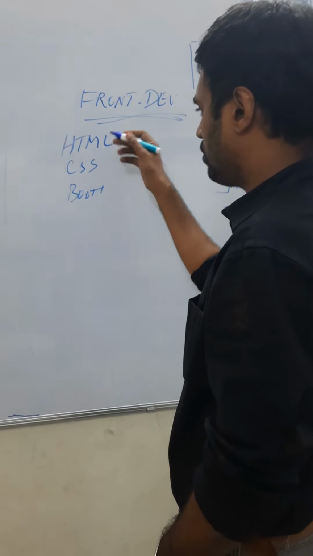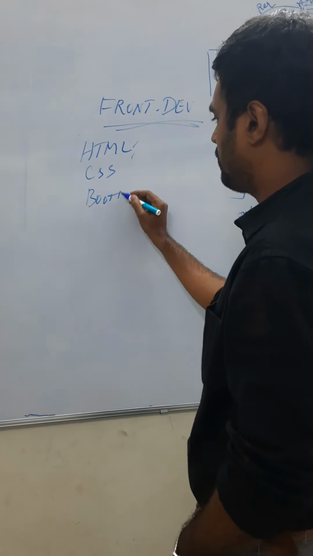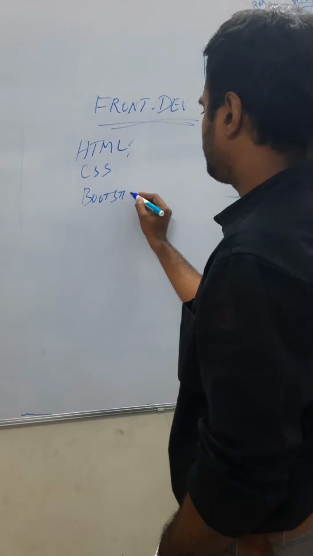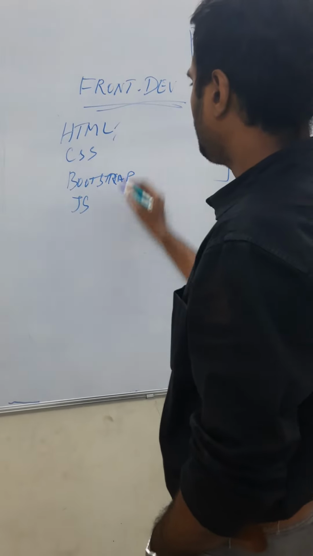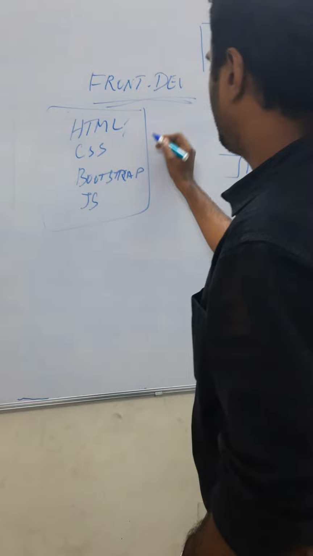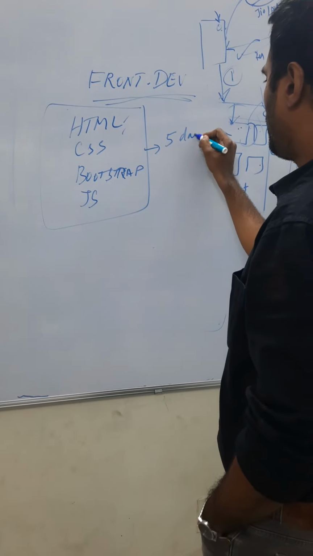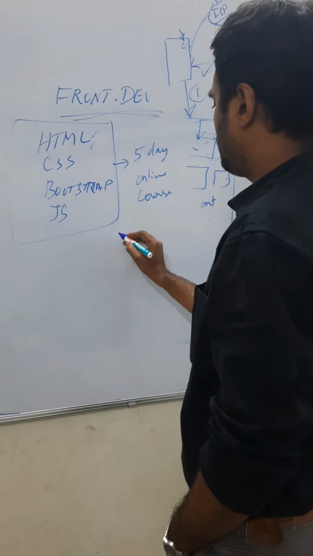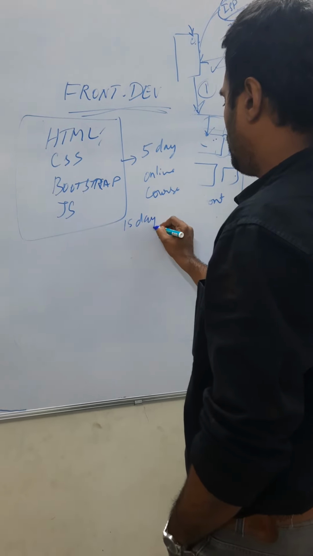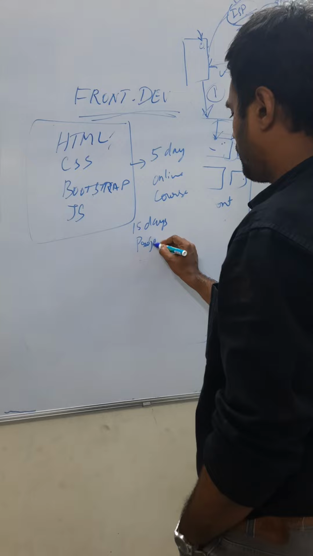There are a lot of things to learn in HTML and CSS itself. Okay, Bootstrap, then JavaScript. So we are conducting a 5 days online course along with 15 days of project support.